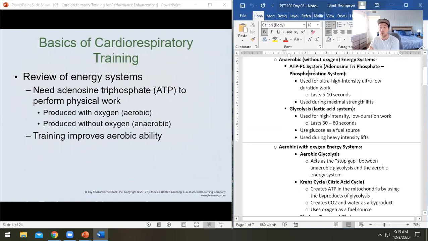Doesn't matter. I don't care which one you call it. All of them mean the same thing. But what you are using is creatine's phosphates to reattach to your own burnt up ATP molecules to reconstitute them. This is why people take creatine as a supplement when they're doing heavy lifting.